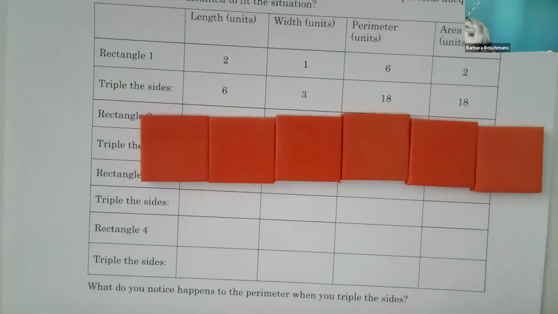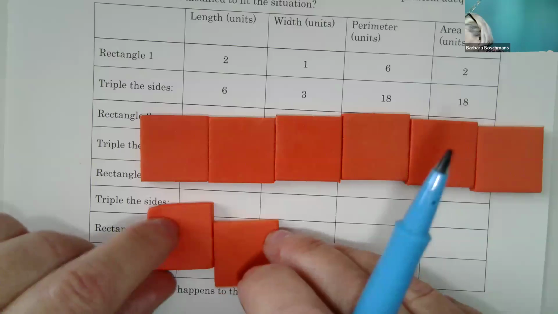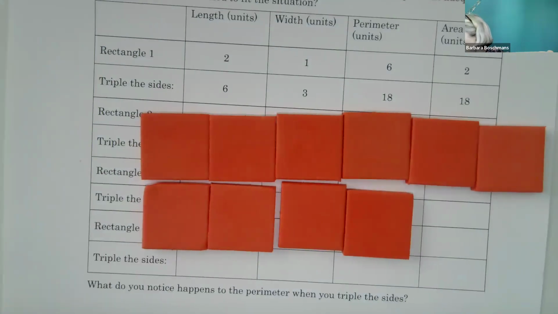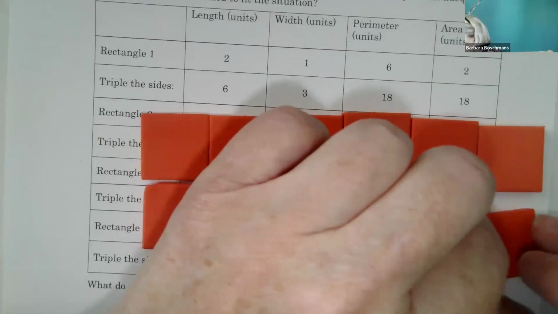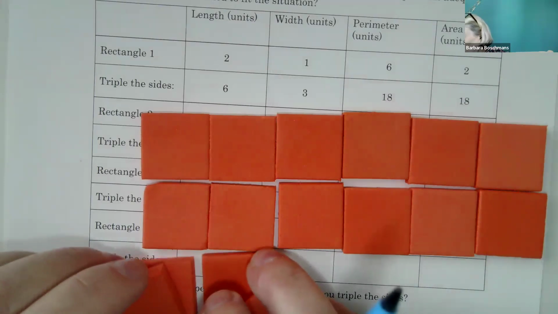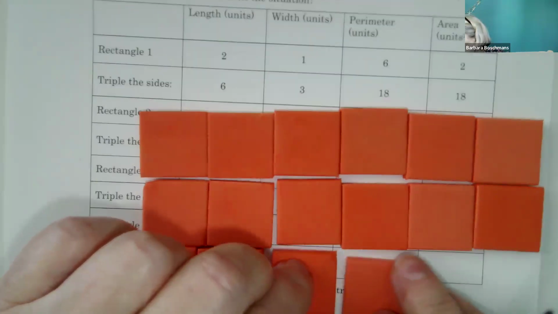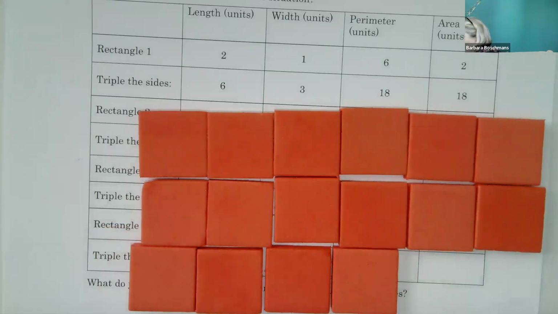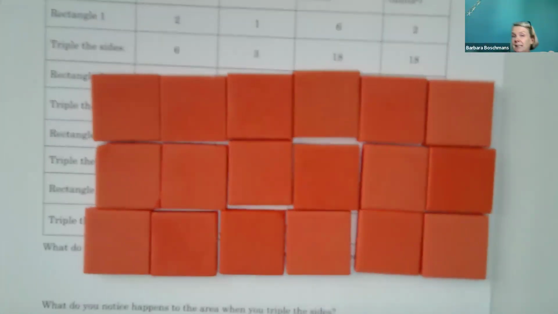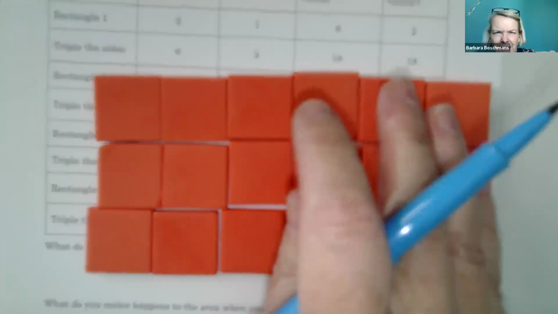I have enough squares, that's 5. Grid paper again works well for these. Okay, now this is my new rectangle after I tripled the sides.